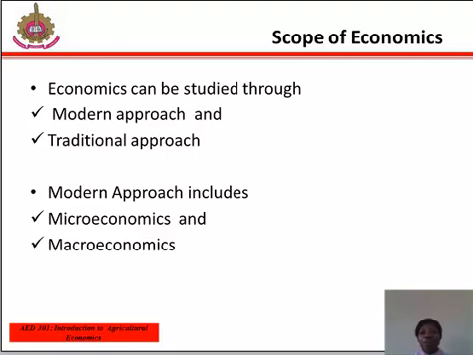Under the traditional approach, economics is studied under 5 major divisions, which are consumption, production, exchange, distribution, and public finance. Consumption is the satisfaction of human wants through the use of goods and services, while production are the goods that satisfy human wants, which are being viewed as bundles of utility.